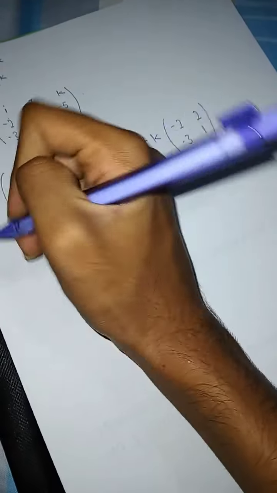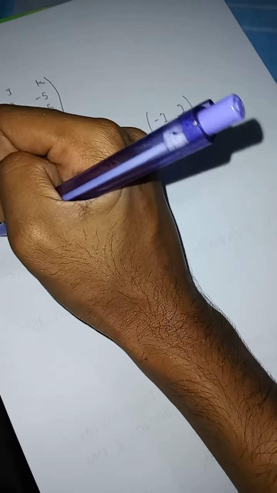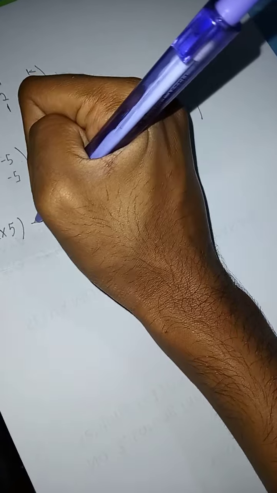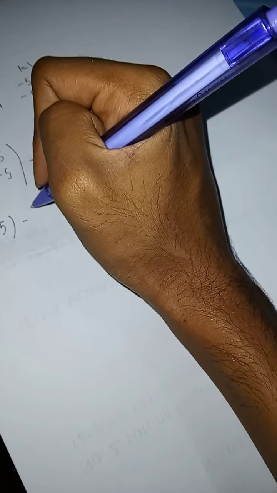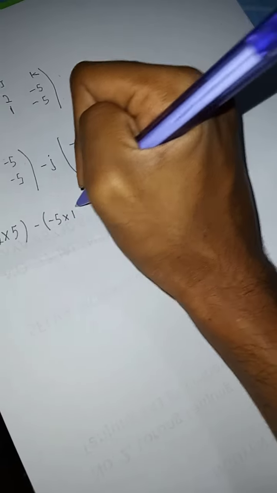Now you have to multiply. For I: 2 times 5, minus 5 times -5 times 1.